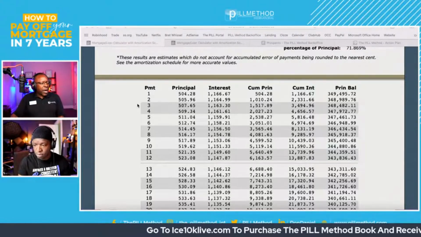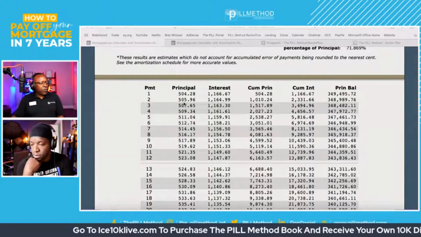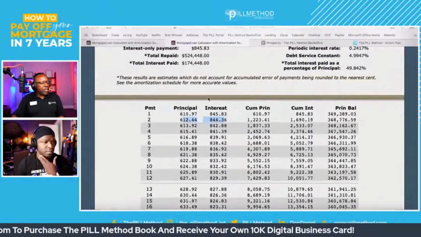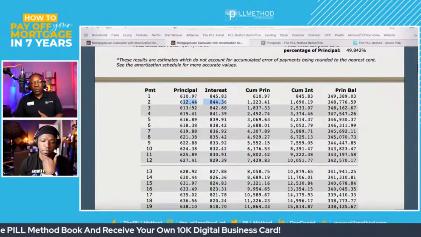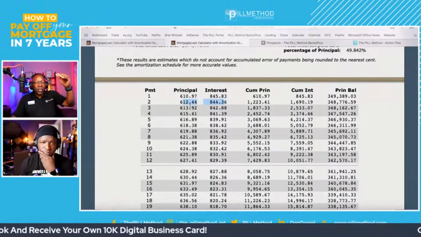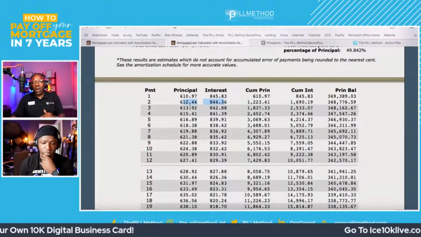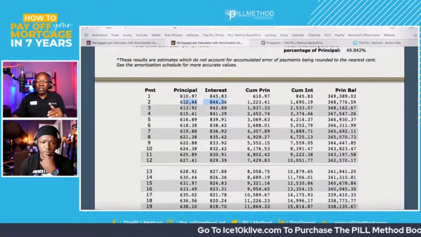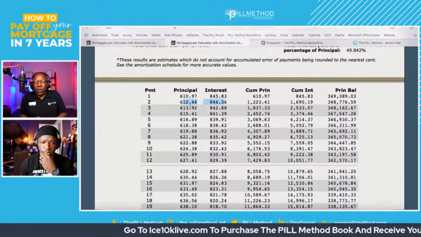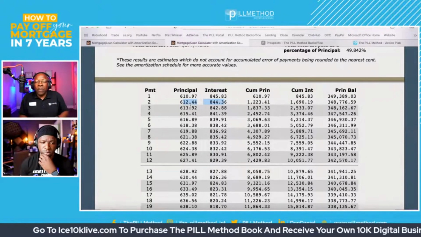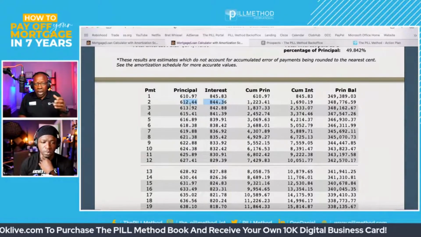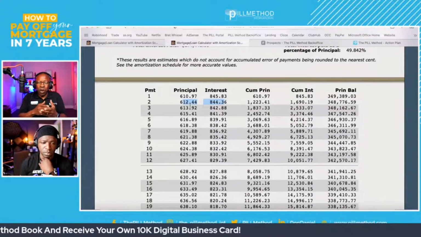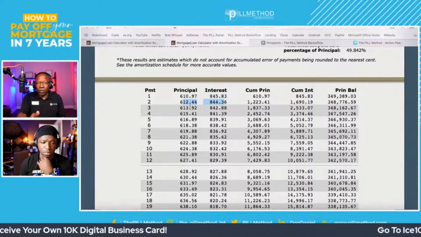Watch this. So now you can attack the loan with $505 payments instead of attacking the loan with these starting out at $600 payments, because of lowering the interest rate. And this is why banks will offer that. When you come in and start talking about how to pay this loan off faster, they could teach you to take your loan now with this smaller principal payment and start attacking it with the principal.